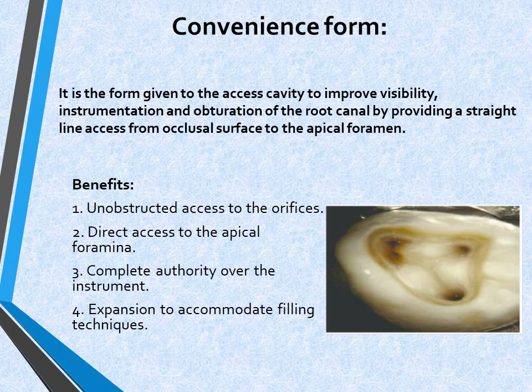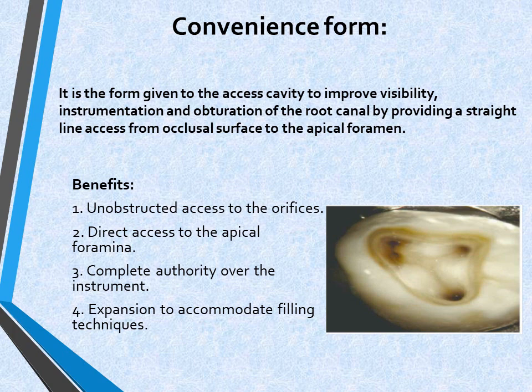So what it means to say is that if you have a straight line access, your file should be able to go easily inside the root canal. If you have not done your deroofing properly, you will be forced to place your files in an angulated position. So that leads to a tension within the file, and the chances of separation are higher.